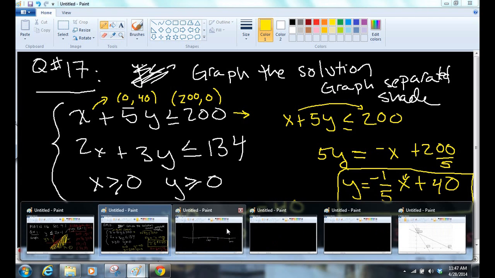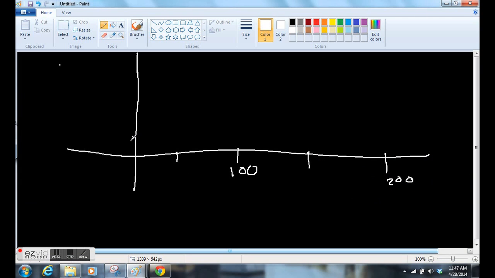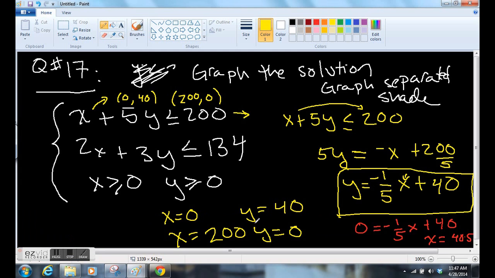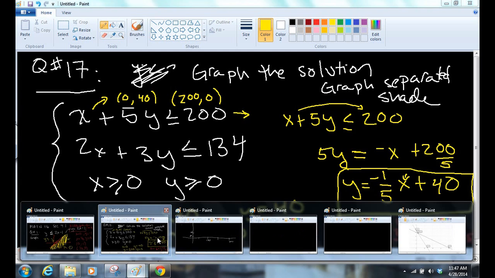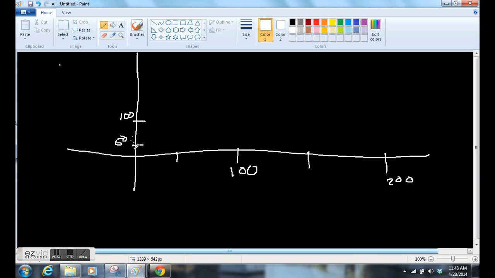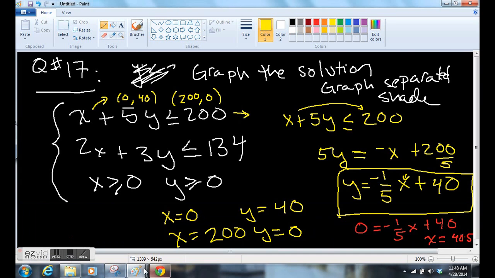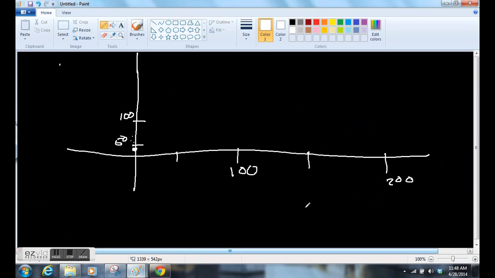So when x equals 0, I'm trying to remember how high the other graph went. I think it's like 50, 100, sometimes scaling these right away. So when x is 0, y equals 40, about like that. And then when x is 200, y equals 0.